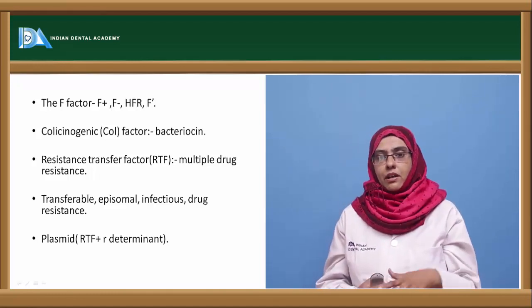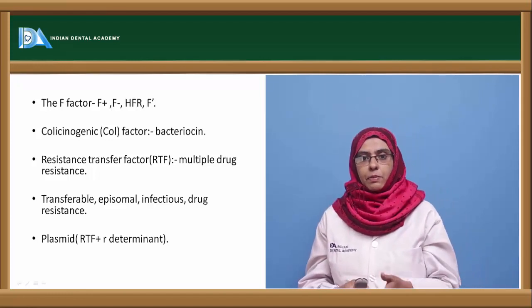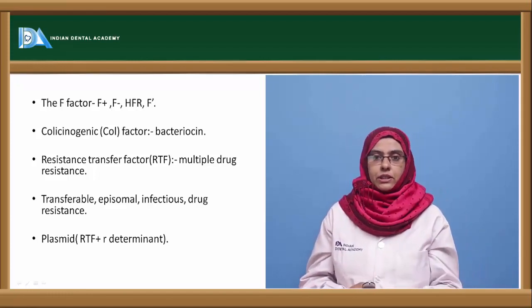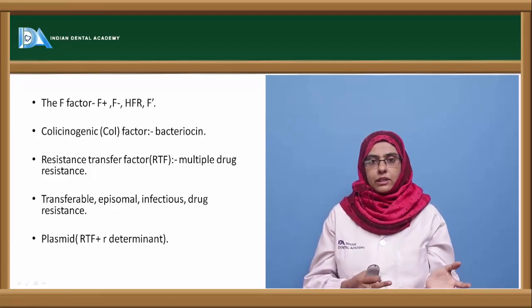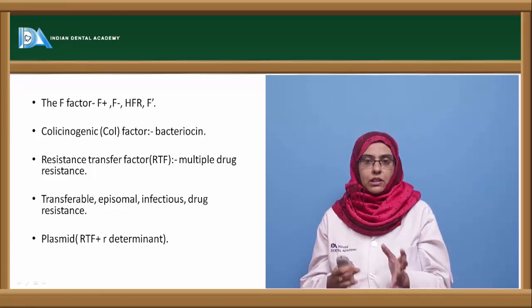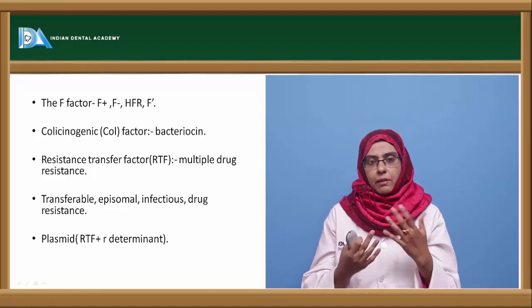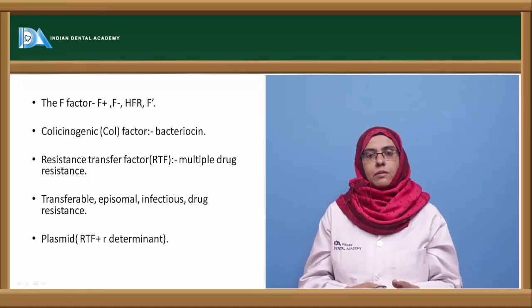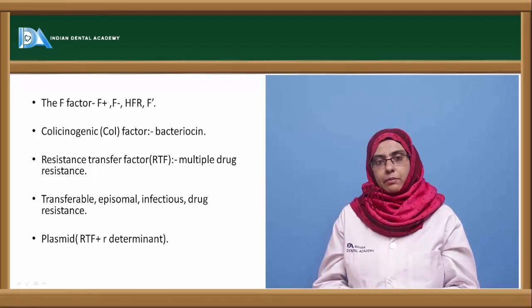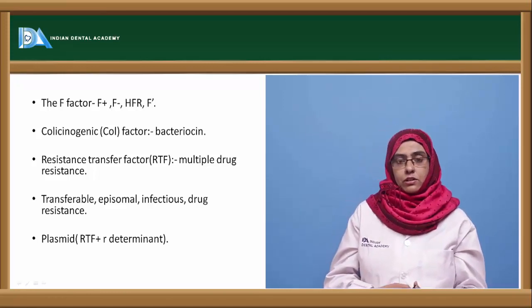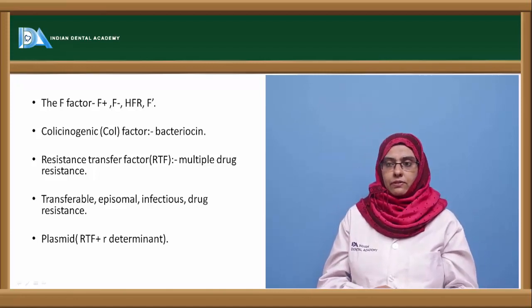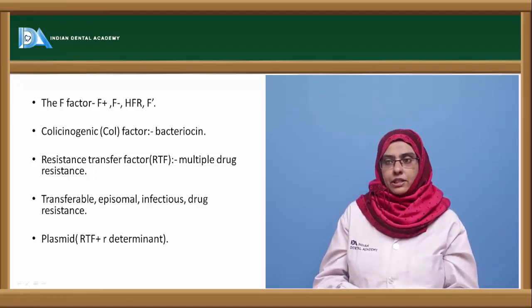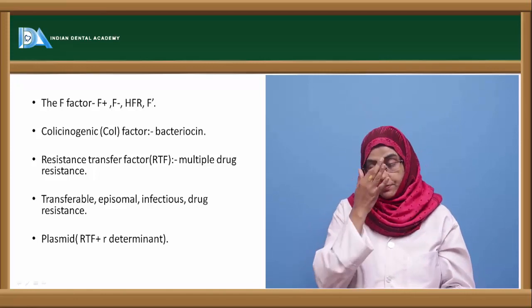Take for example Pseudomonas pyocyanea, which produces pyocin, and diphthericin produced by Corynebacterium diphtheriae. So these bacteriocins are not only present in gram-negative organisms but can be seen in gram-positive organisms, and hence the name bacteriocin. They also have the ability to transfer genes from one cell to the other, and they are called transferable, episomal, infectious and drug resistance plasmids.